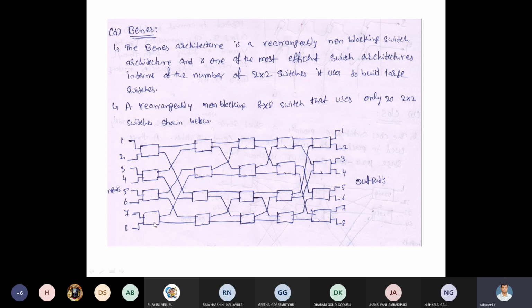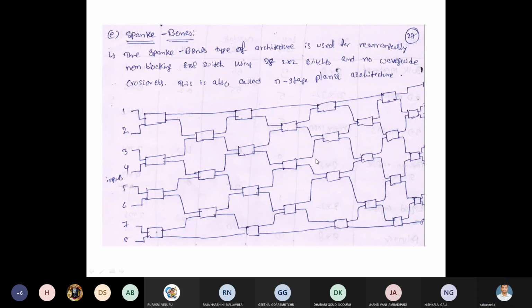Likewise, only 4 switches are required for the first stage. In total, 5 stages, 20 switches are required. This is a simple mechanism to connect from the first stage to the second stage, second to third, third to fourth, and fourth to fifth stage. This is about the Benes network.